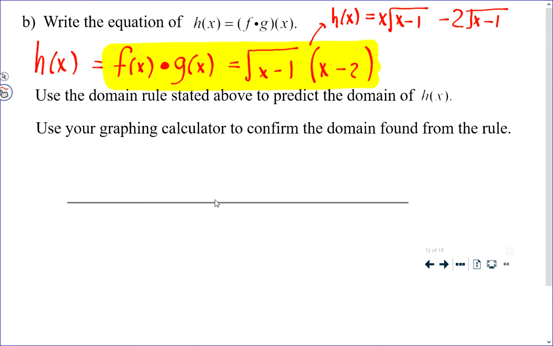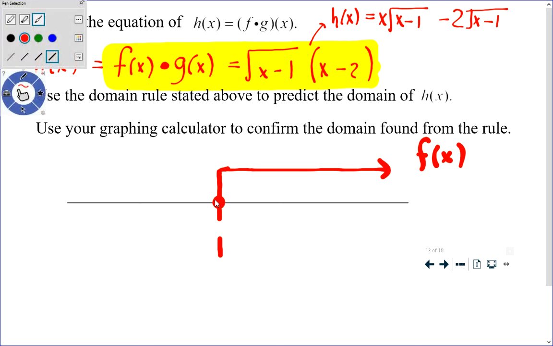All right, so what is the domain of f of x? Well, the domain of f of x starts at 1. X is allowed to be 1. And x can be anything bigger than 1. So this red part of our diagram represents the domain of f of x. All right, so what is the domain of g of x?